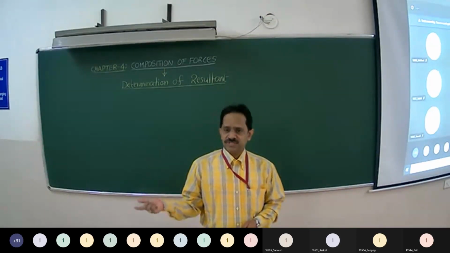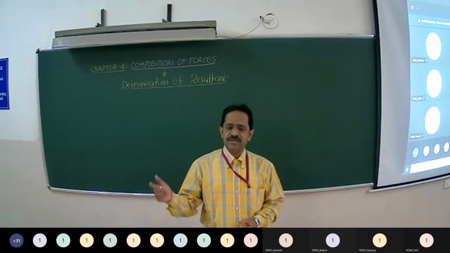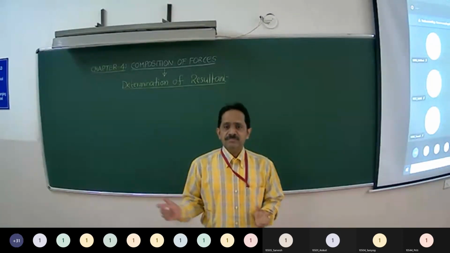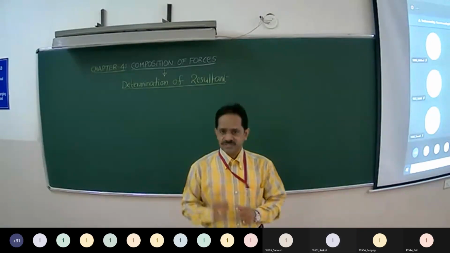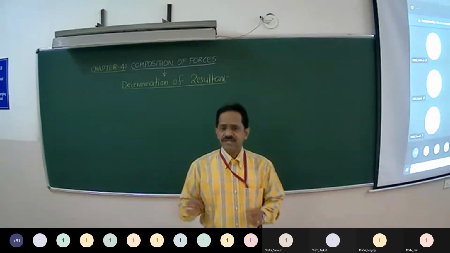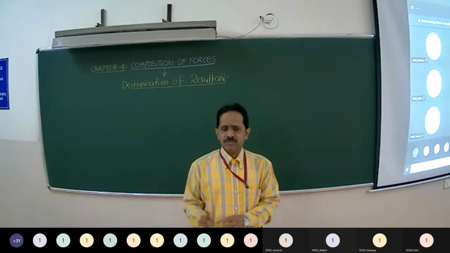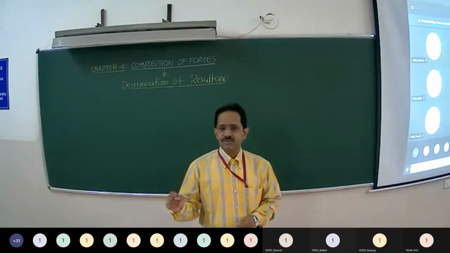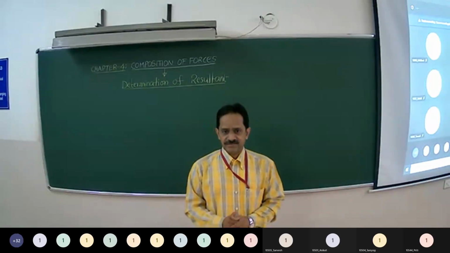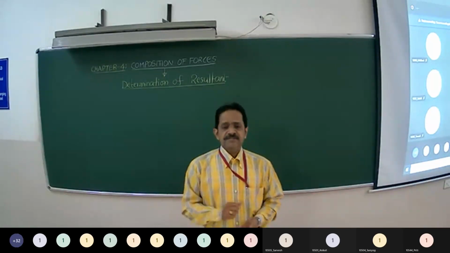Whereas composition of forces: if a number of forces are acting on a body, and you combine all the forces to get a single force, or if a number of moments are acting and you combine all the moments to get a single moment, that single force or single moment is known as the resultant.